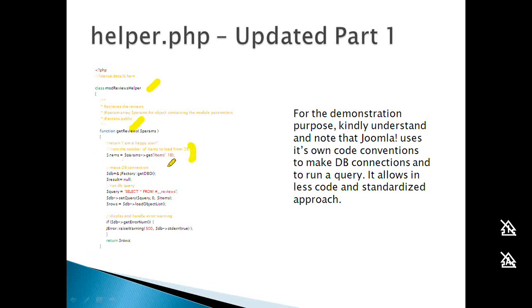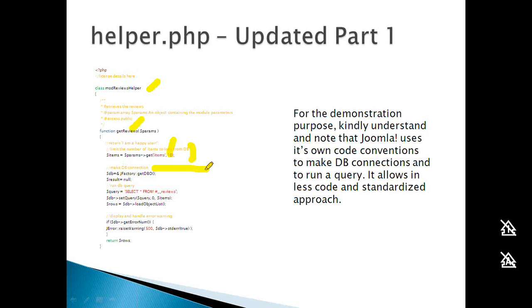Here we have one new line which is defining the limit of the number of items to load from the database. It could be anything. It doesn't have to be this way or some other way. You can simply add your numbers, but for better purpose, it should be kept separately like this. So you can fetch 10 records at a moment. You can fetch 5 records or so. The next line is for the database connection.